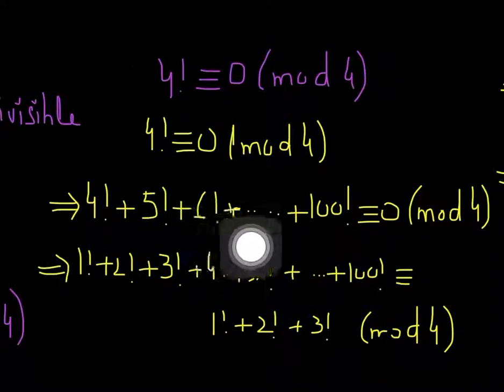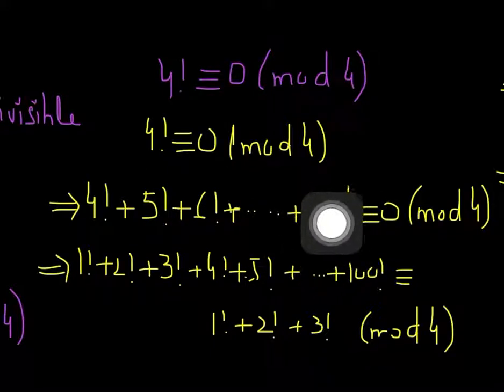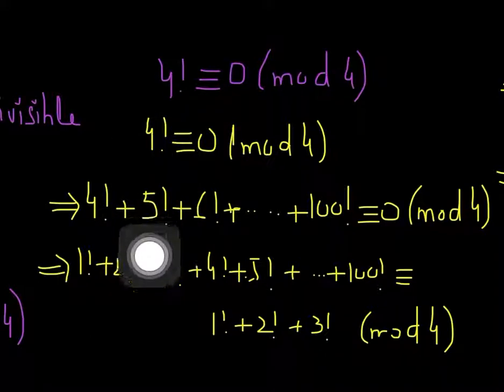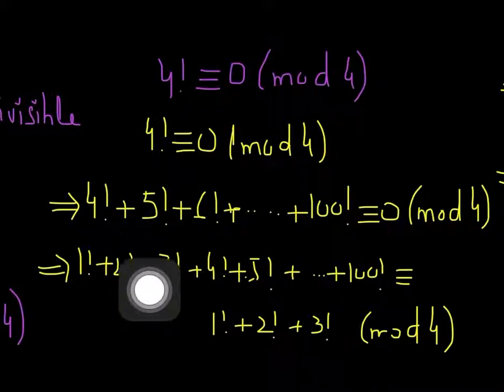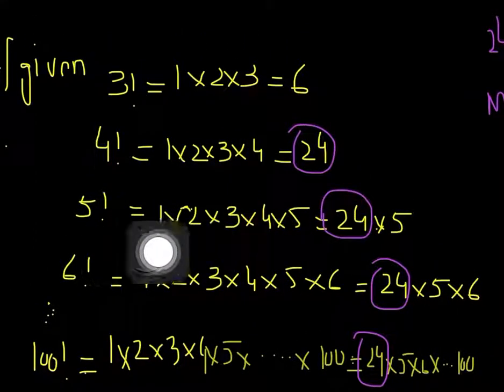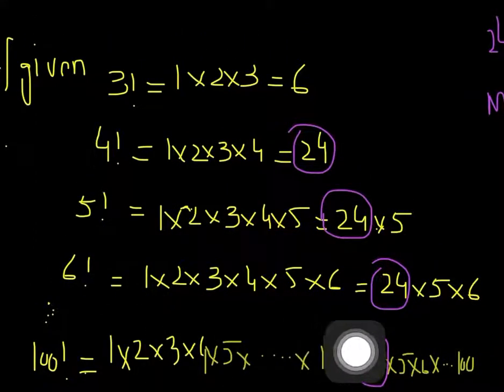6 factorial, and so on, plus 100 factorial, which is always congruent to 0 modulo 4, because 24 is common in the 5 factorial, in the 6 factorial, and in the 100 factorial.